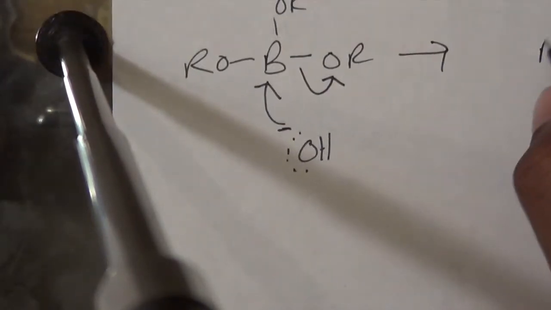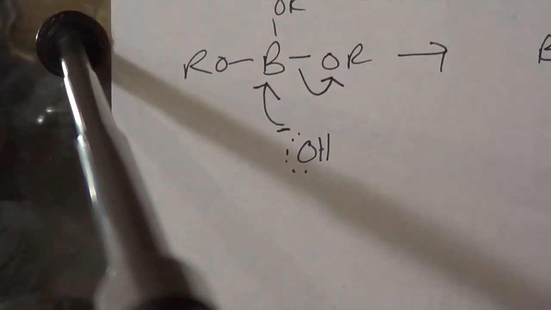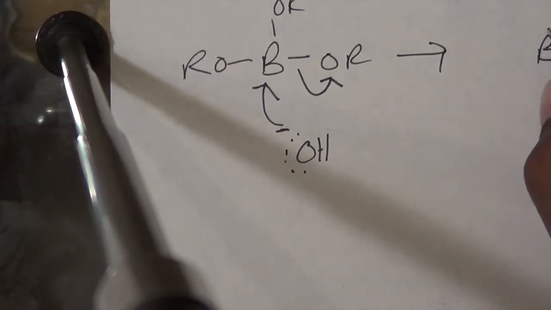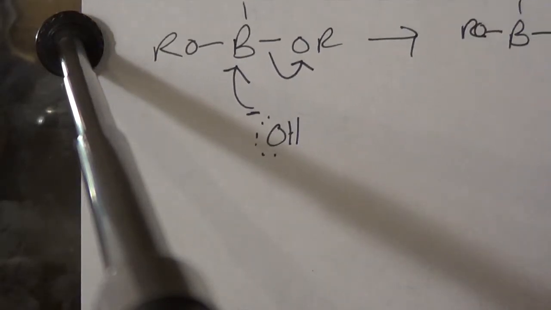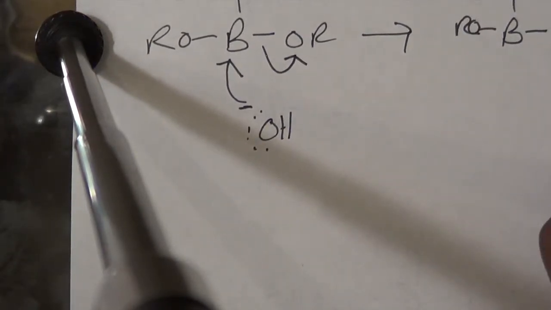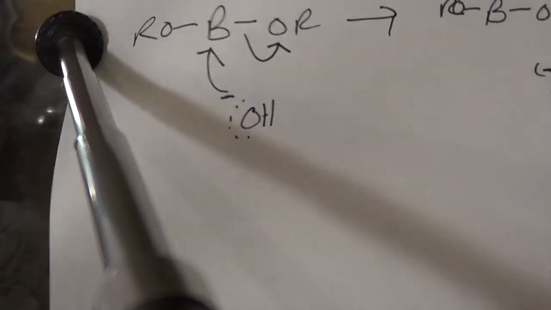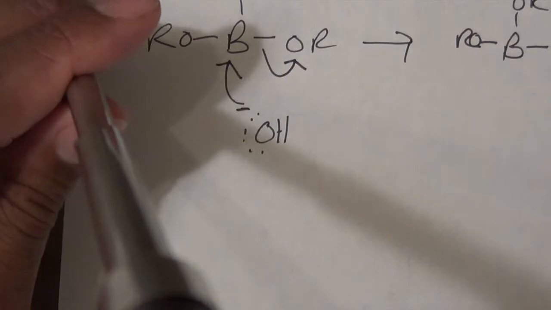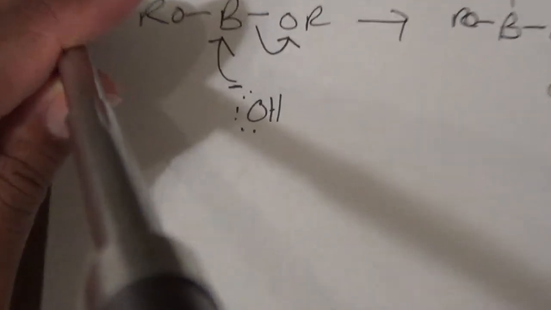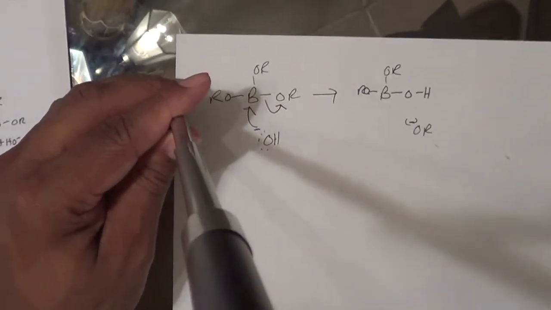That gives us B, O, H, B, O, R, B, O, R. Okay, that would be a BOR anion. Remember, R is a big alkyl group. Oh, I'm sorry, you guys can't see that. Actually, no, I'll just explain what I did.